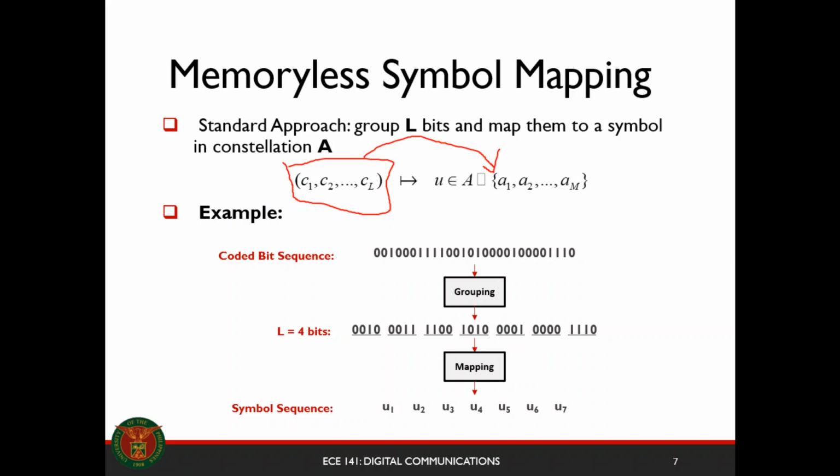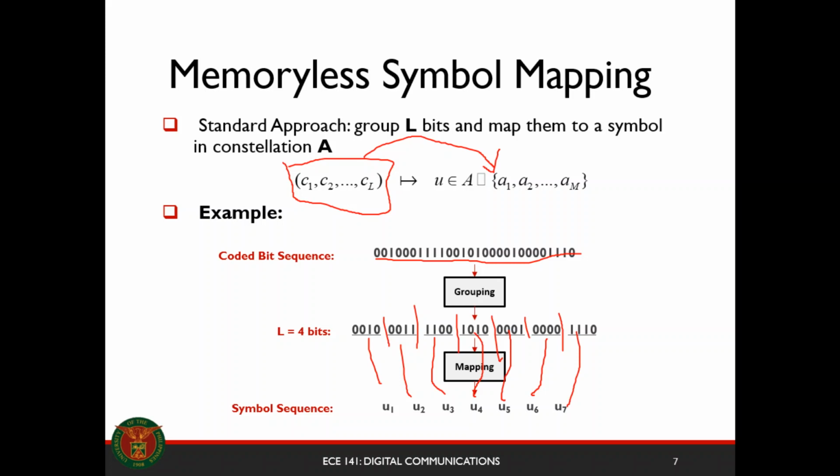If you have a coded bit sequence, for example, and you want to group them into 4 bits per symbol, then you split them into 4, and then they have corresponding symbols right here.